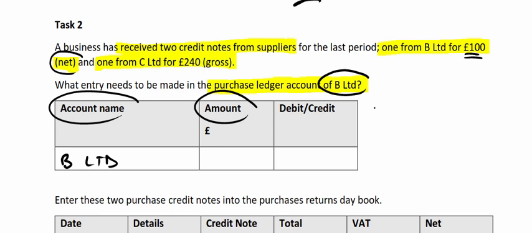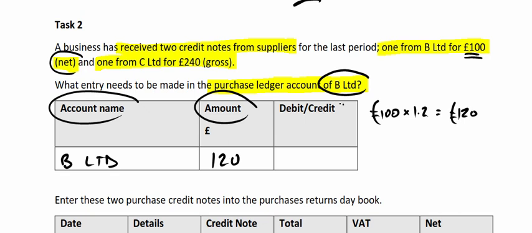So I think I need to work out the gross figure by adding 20% VAT, which we would generally assume as the standard rate. So by multiplying by 1.2, I think the gross value of this credit note will be £120. That's the total amount it will affect B Limited's purchase ledger account by.